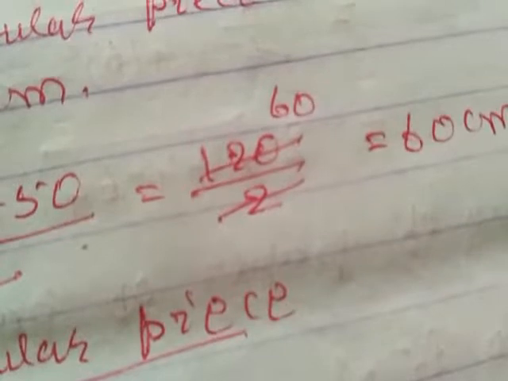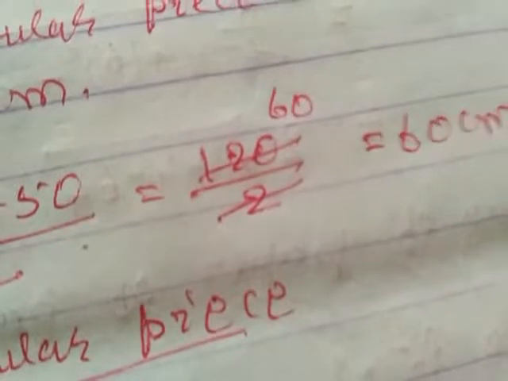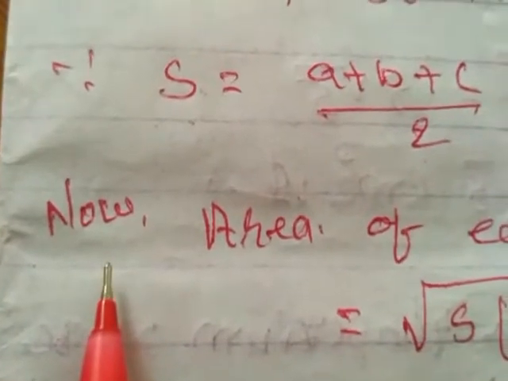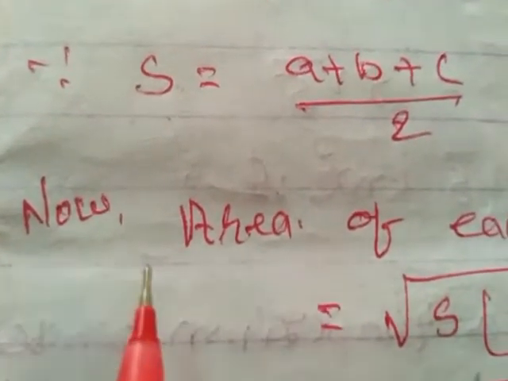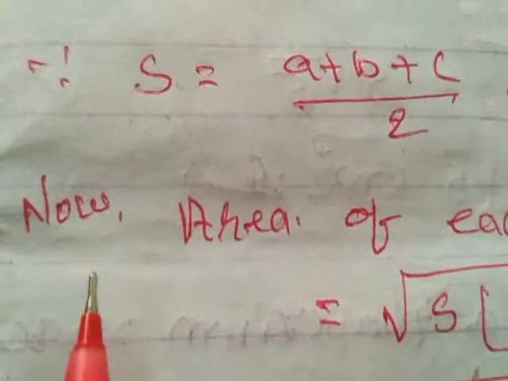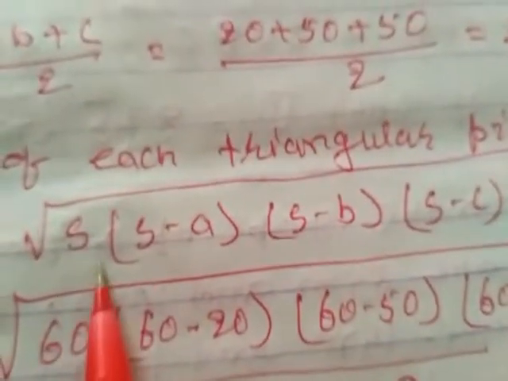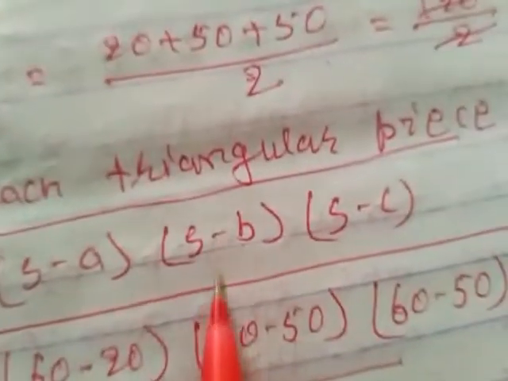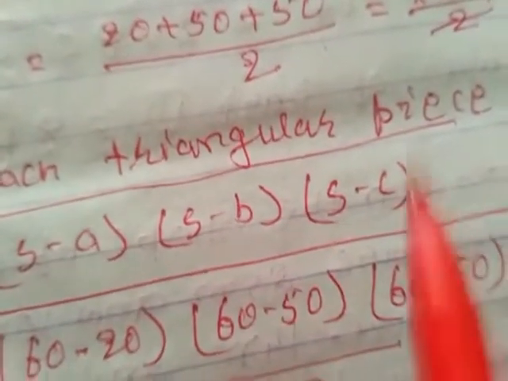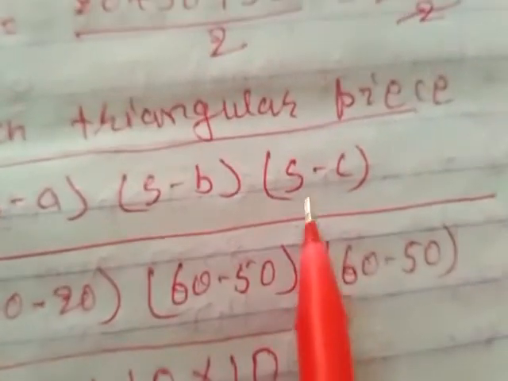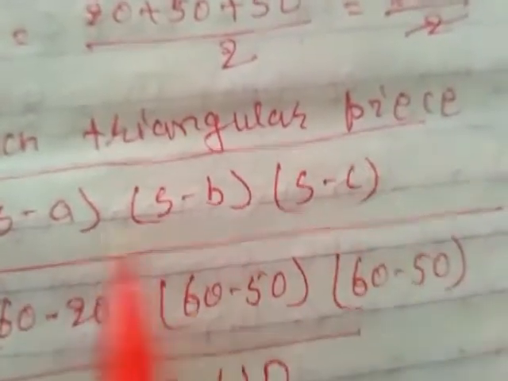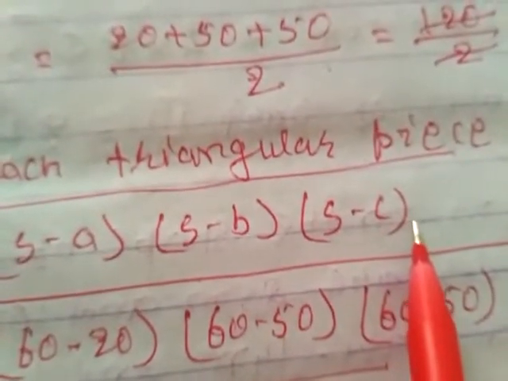Now we are going to calculate the area of these triangular pieces. So now the area of each triangular piece will be equal to the area of the triangle by Heron's formula, that is equal to the square root of S into (S minus A) into (S minus B) into (S minus C). This is Heron's formula.